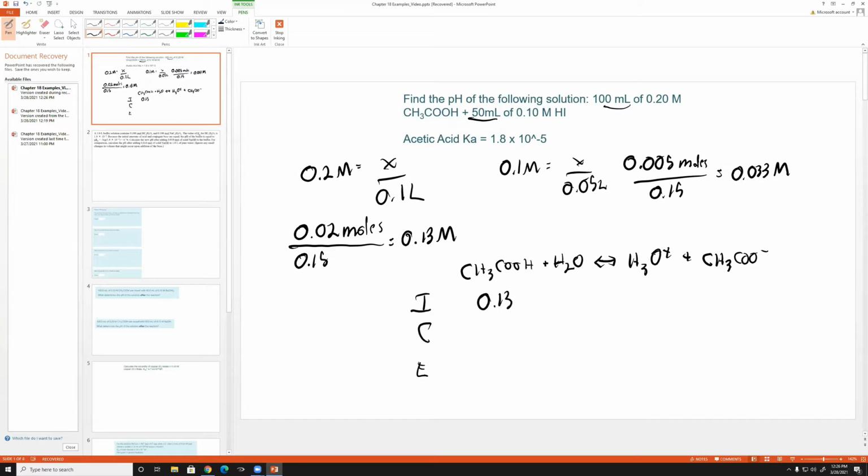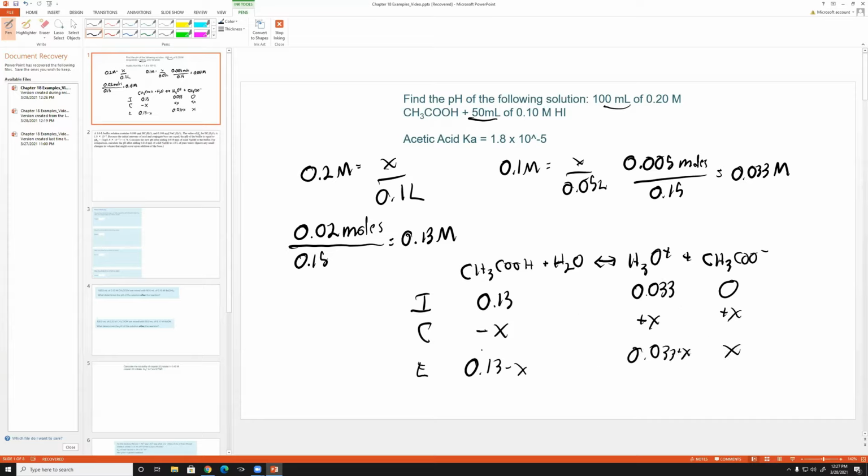And for the H3O plus, since the HI is a strong acid that has already been dissociated in water, we have our initial hydrogen concentration at 0.033 molar. The acetate is 0. So we can do our change, which is going to be minus X for the reactants and plus X for the products. So 0.13 minus X, 0.033 plus X, and X.